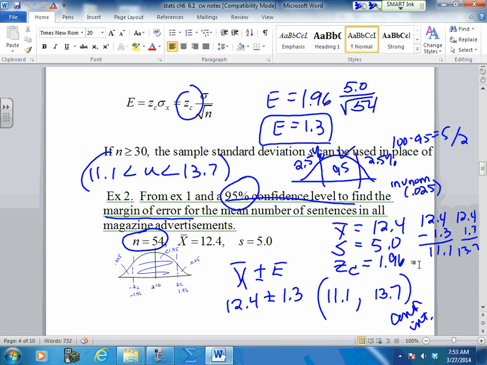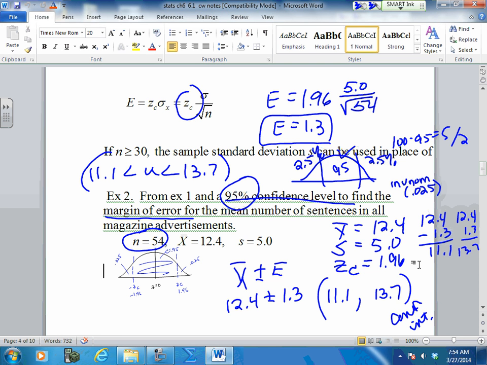We're using our sample, but we want to be confident that if we could figure out a population mean, it would fall between those two numbers. Does that make sense? I don't want you to miss the meaning of this just because we filled out a couple of formulas. The meaning of this is we don't know the population, so we figure out our sample and we infer something about the population. This is your inferential statistics at work.